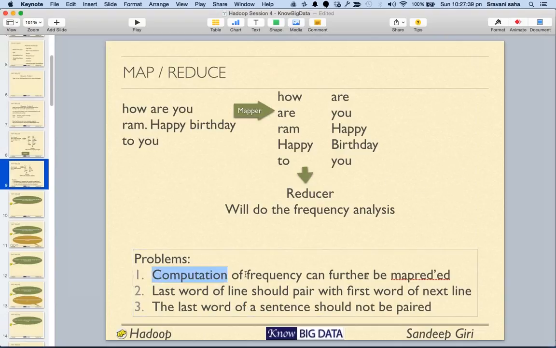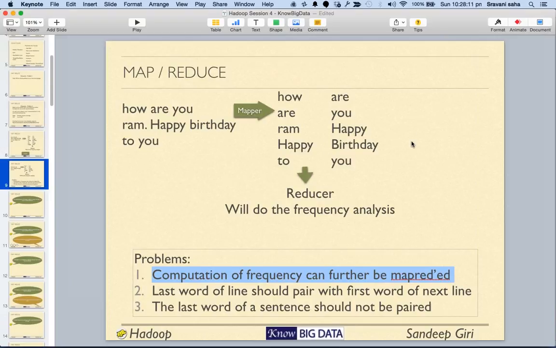So, computation of frequency. The problem is, imagine that there is a word like is. Almost every sentence has a word like is, which means for the word is, there are too many values. For a key called is, there will be too many values, right? Is this, is that, is x, is y, and so on.